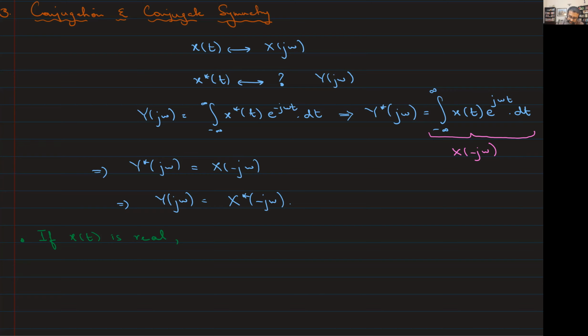Conjugate symmetric, excellent, right? So you can go through exactly the same process to find out that x of j omega must be equal to x conjugate of minus j omega, right? So that must be satisfied. They're conjugate symmetric. If x of t is real, then the Fourier transform is conjugate symmetric.